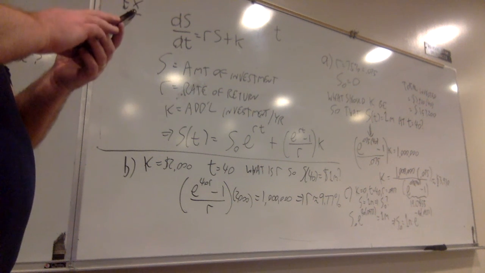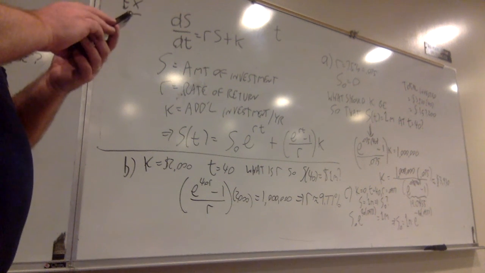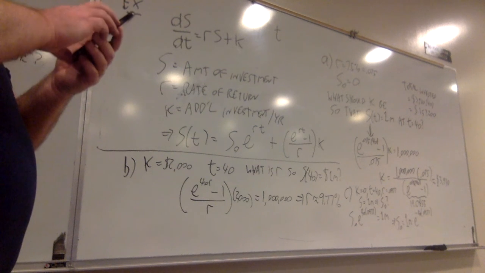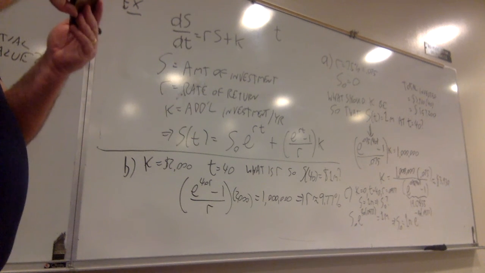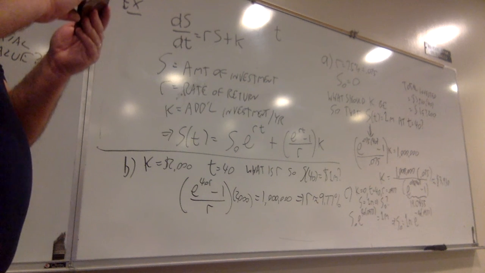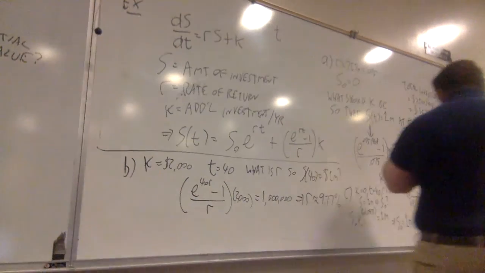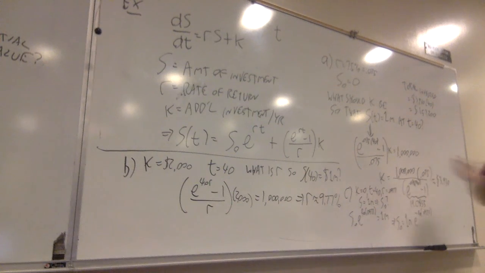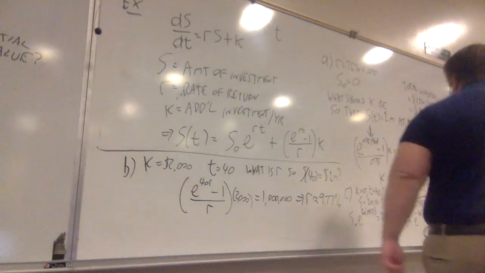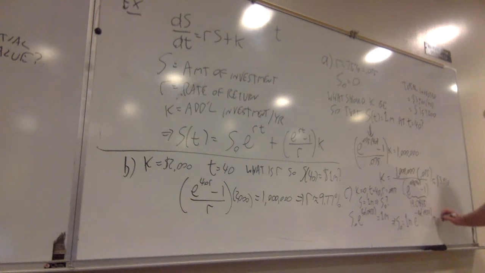And then I take the exponential of that times 1 million. Okay. So it turns out that the initial amount is roughly $20,081.